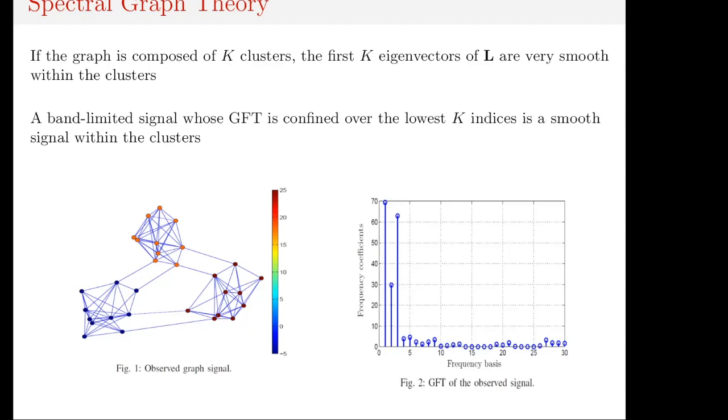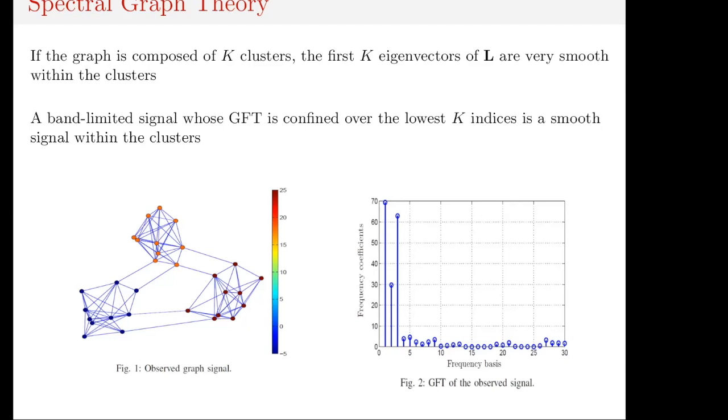Okay, let me rephrase the question. Is there a relation between the error that I get in the signal and the amount of eigenvalues that I drop? The error is very small, of course, because the signal is concentrated over this part.